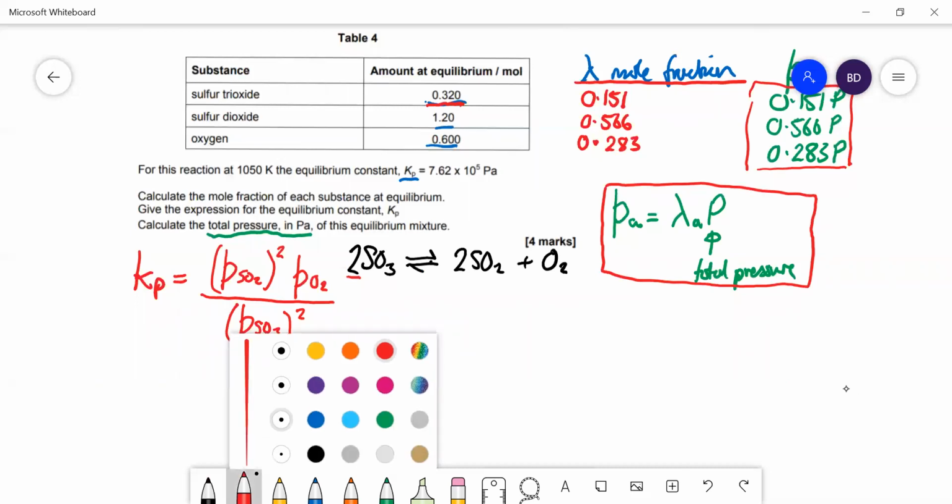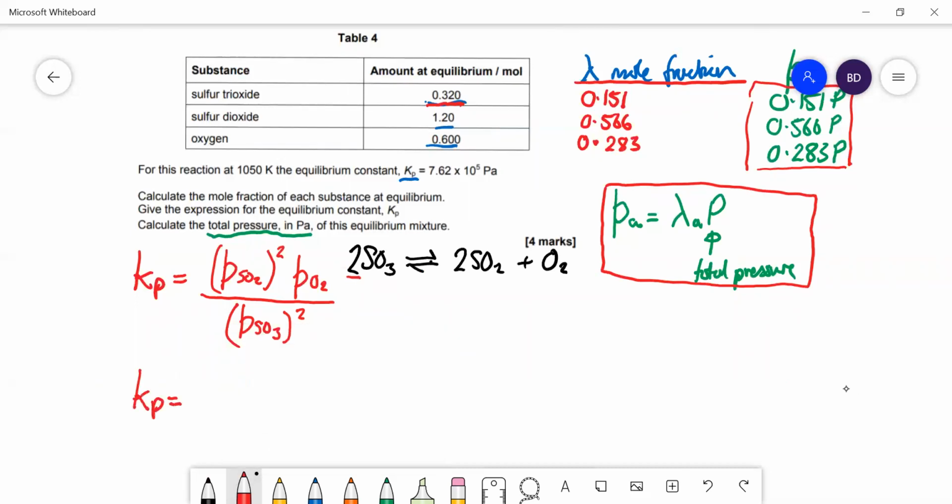Kp is going to be equal to the partial pressure of SO2, which is 0.566 multiplied by big P, all squared, multiplied by the partial pressure of oxygen, so that's 0.283 multiplied by big P, the total pressure, divided by the partial pressure of SO3, so that's going to be 0.151 big P, all squared.